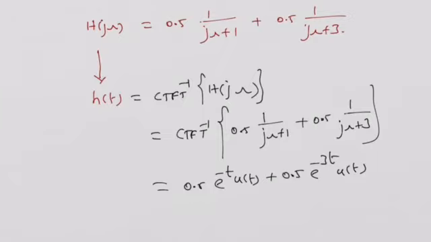This is how the impulse response is calculated, because we know very clearly that the Fourier transform of e^(-at) u(t) is 1/(jω + a). Using this, you can definitely understand.